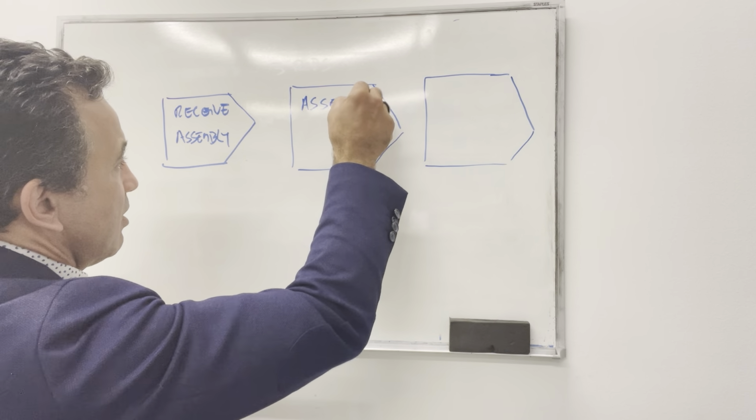And in this case, we are going to stop at test rocket. So you receive the assemblies, you assemble all of those parts, and you test them. But this is very high level.